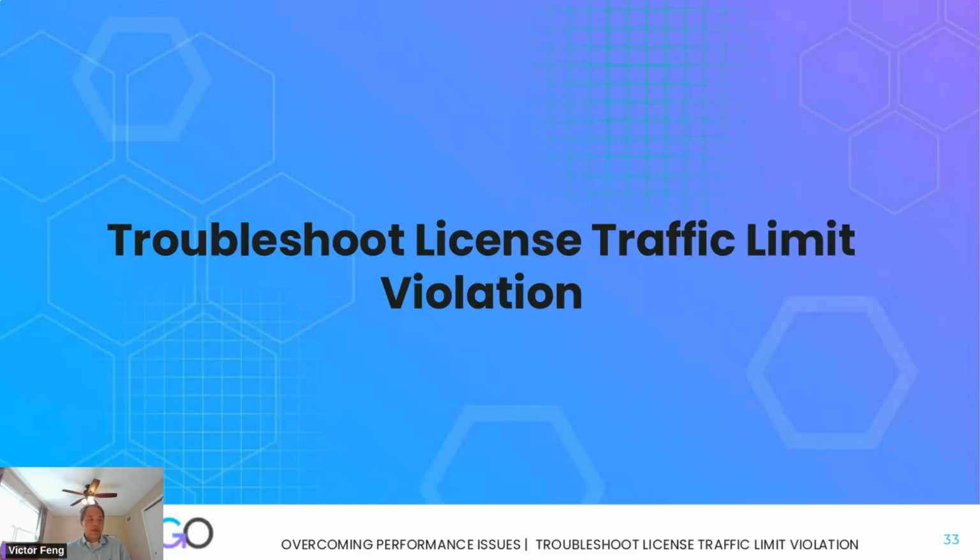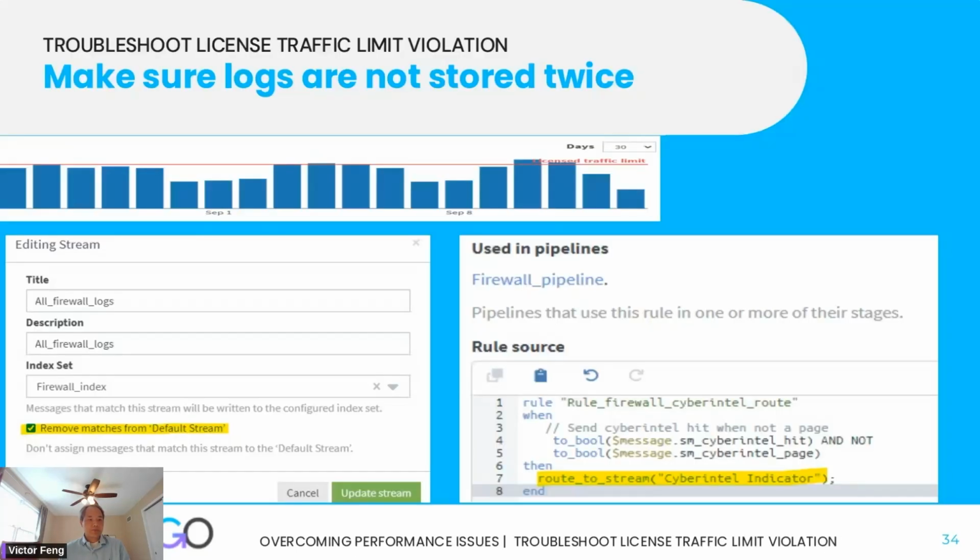All right. Finally, I come to license traffic limit violation. For the shops where you have a separate index for certain logs, we need to make sure our logs are not stored twice. Otherwise, we're double paying.